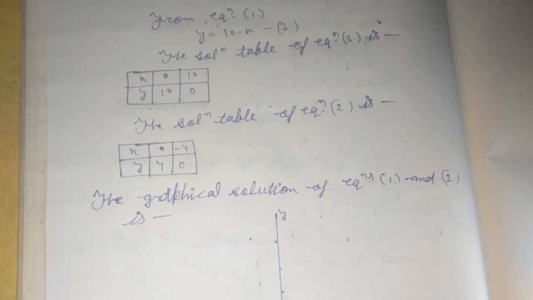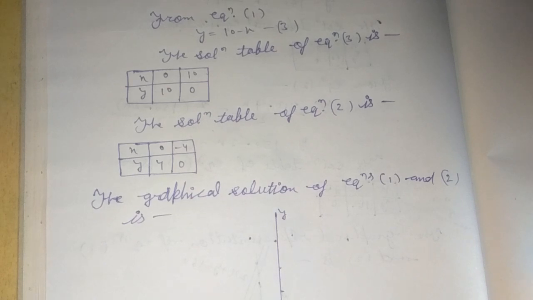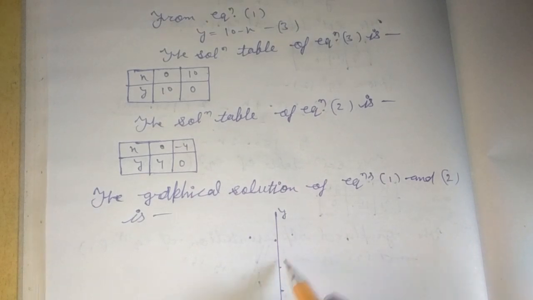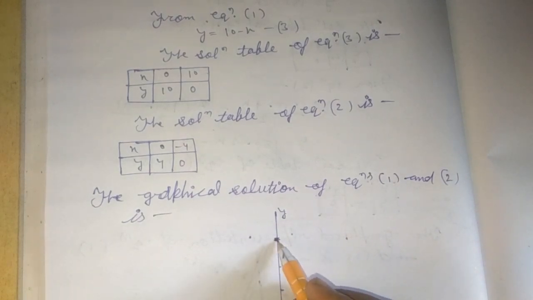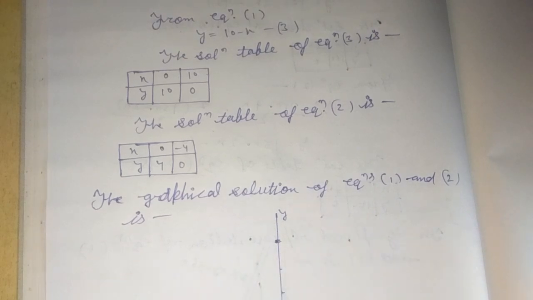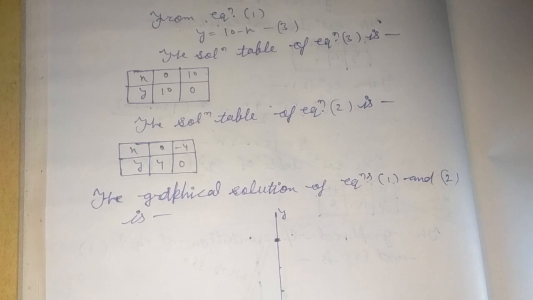So when we take from table 1 x equal to 0, we get y equal to 10. First point is this. When we take x equal to 10, we get y equal to 0. So the second point is this.